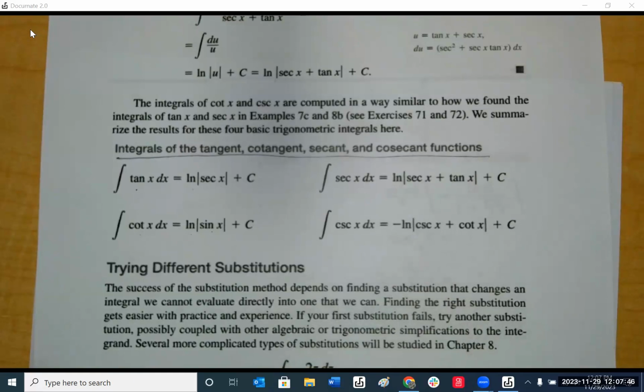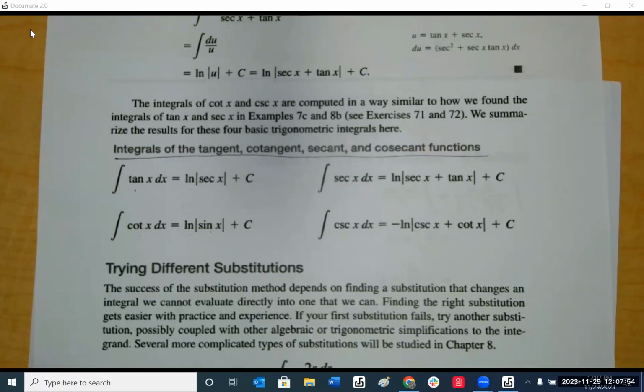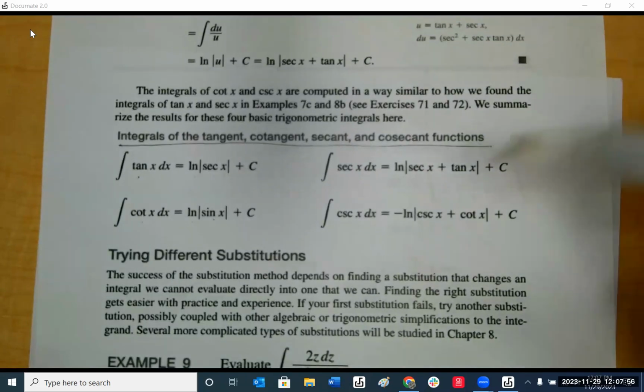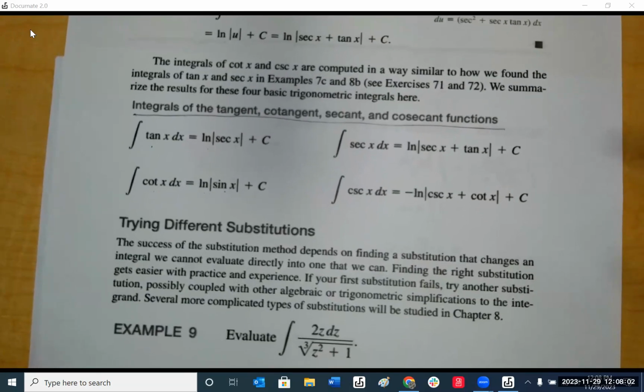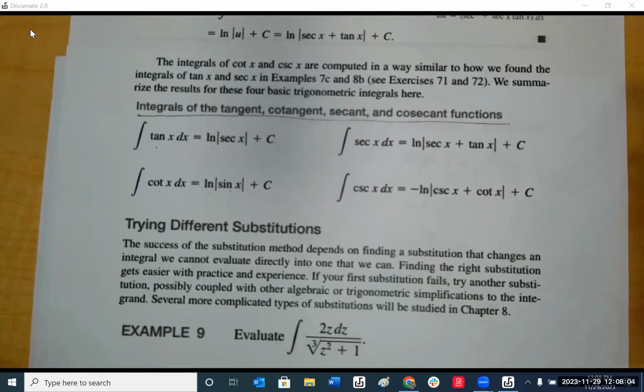And negative ln cosecant plus cotangent. Those are probably good to just memorize. Yeah, I would memorize, because if you memorize, you'll forget. Just have them accessible somewhere. Okay. I'll put them in the notes app on my phone or something.